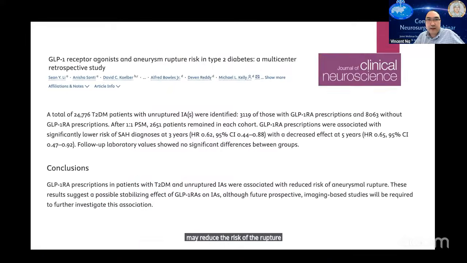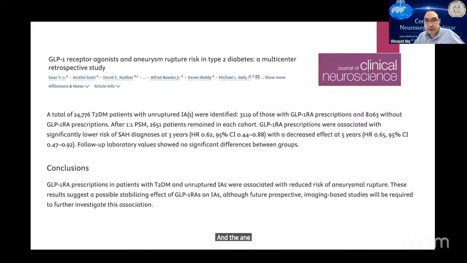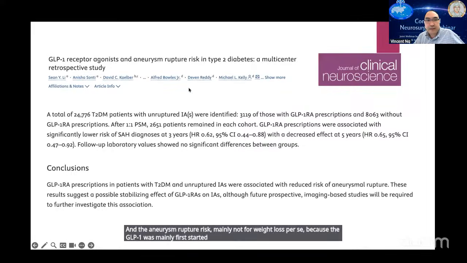I'll skip that. With the advent of Ozempic, Wegovy, and all that, what is interesting is that in the last one or two years, you can see a host of papers now coming up on GLP-1 receptor agonists and aneurysm rupture risk. Mainly not for weight loss per se, because GLP-1 was first started for type 2 diabetes patients. But you can see that it now seems to be associated with a reduced risk of aneurysmal rupture.